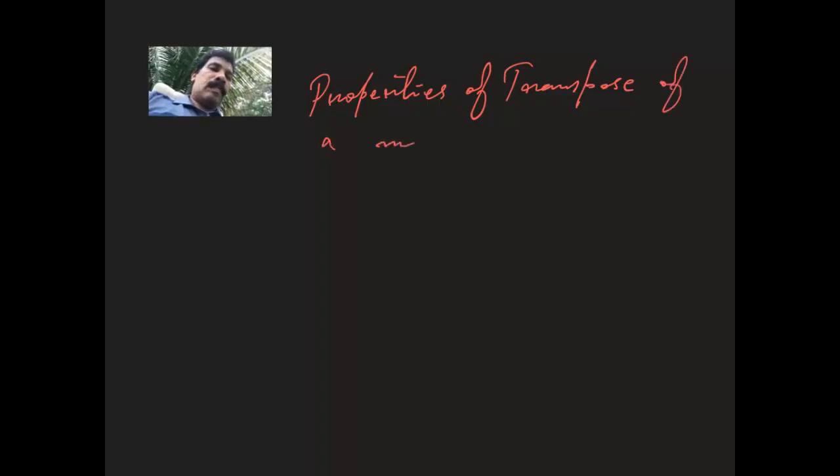Now, properties of transpose of a matrix. The first property is that A dash dash, the transpose of A transpose, will be A only.